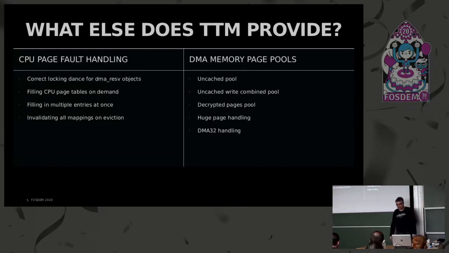Later on, this was extended to provide uncached write-combined pools for modern hardware, for PCI Express hardware, as well as decrypted pages, huge pages and DMA32 page handling. DMA32 pages come into play when you have older graphics hardware which can't address all system memory.